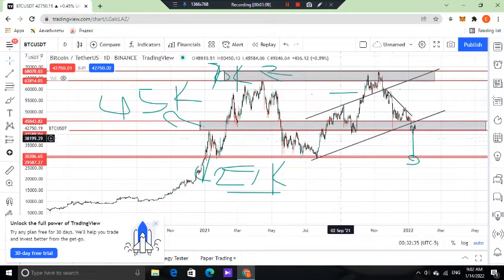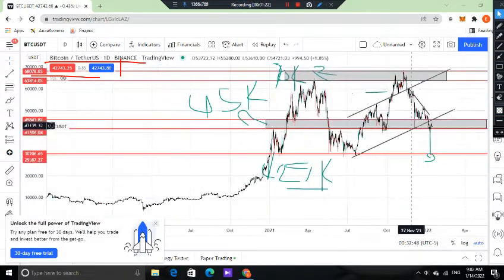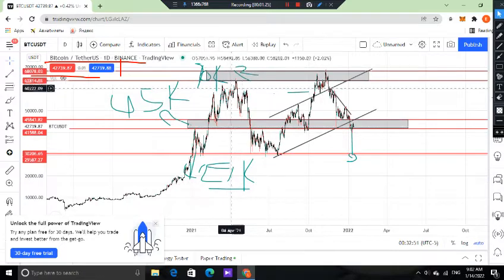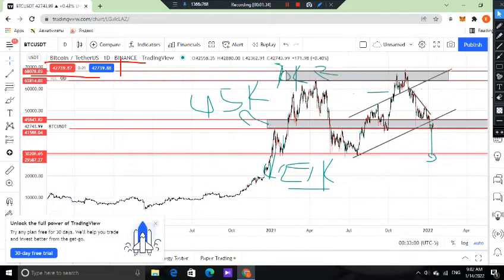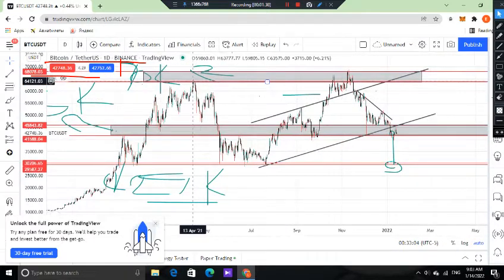So what's going on with Bitcoin? Its current price is at 42k, 42,000, and as you can see I already determined these levels. I drew them about a week ago, and as you can see we have three important levels here.